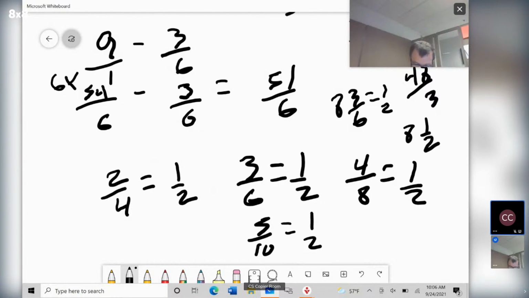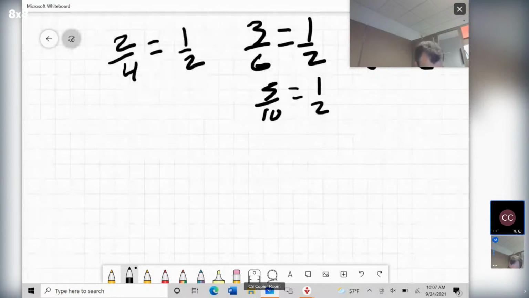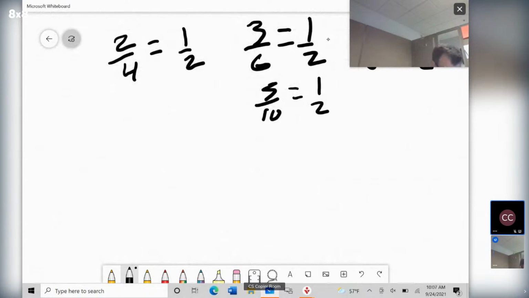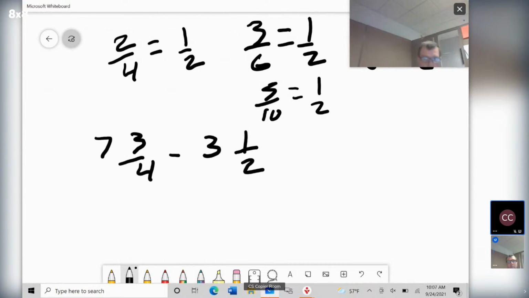Okay. So one other thing I want to do, and this is kind of going to be the opposite, you guys. That's when you subtract fractions with a whole number. So sometimes we're going to get a fraction with a mixed number, which is 7 and 3/4 minus 3 and 1/2. So what we're going to do here, when you have a mixed number, we're going to have to convert this to an improper fraction.